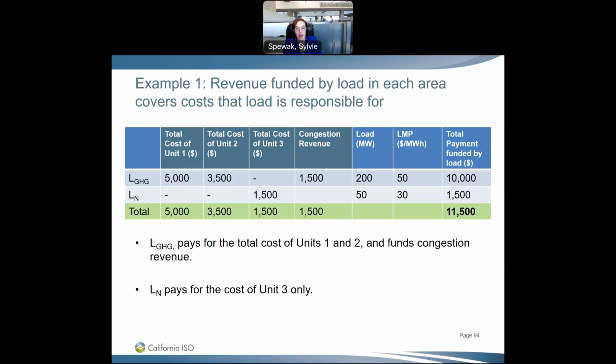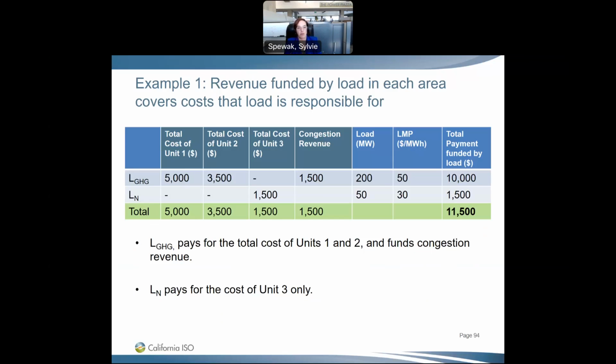The LMP in the non-GHG area is $30 per megawatt hour, which means the total payment funded by load in the non-GHG area is $1,500. And so the total that we're collecting from load in the market is $11,500. That's also the total that we need to cover the cost of units 1, 2, 3, and congestion.